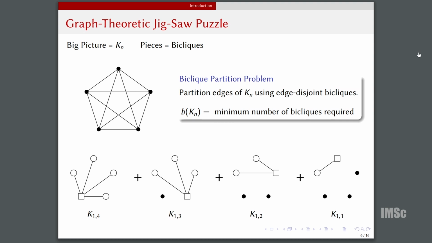The way you do it is up to you, right? So what upper bound on B of Kn do we get if we follow this star strategy? N minus 1, right? And now, is it optimal? Is this sort of strategy to find B of Kn, is it equal to n minus 1, or can we do better than n minus 1?